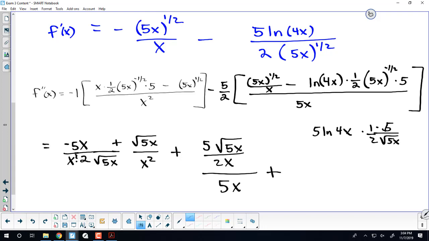Now we already have the times 5. There's a lot going on here. Just making sure we're keeping up with everything correctly. The 5's over here, the ln, and we're multiplying that by 5/2.